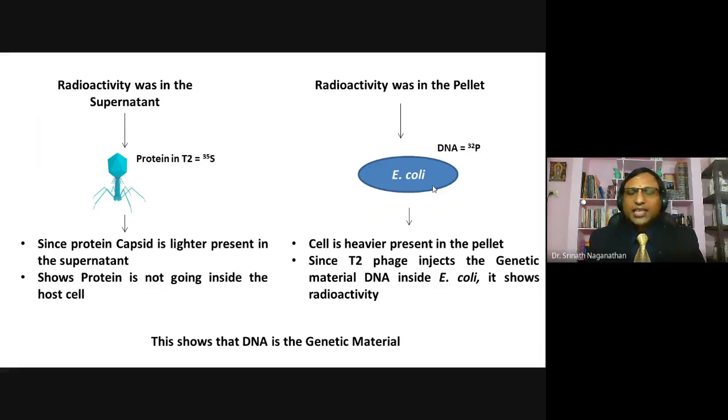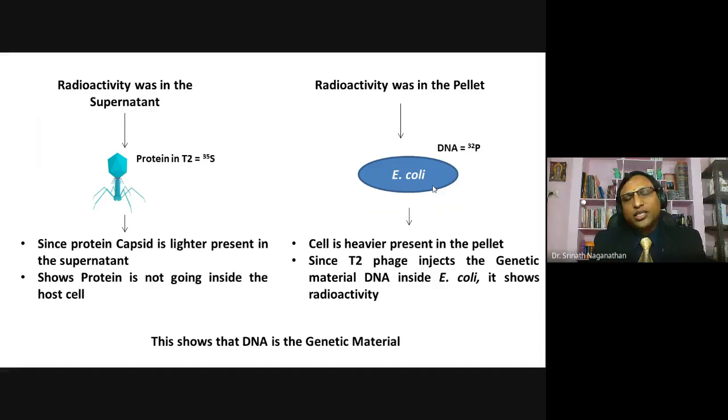So from the three experiments, what Griffith did created the base for understanding that DNA is the genetic material. From this, Avery, MacLeod and McCarty used the same experiment with enzymatic action and proved that it is the DNA which is transforming and causing the mice to die because of pneumonia.